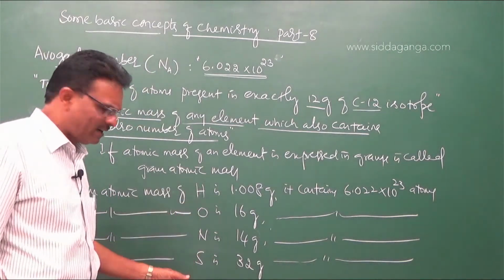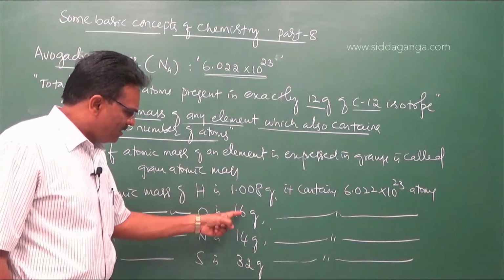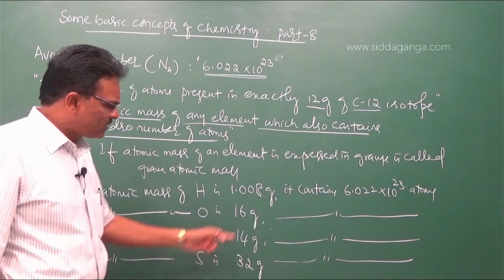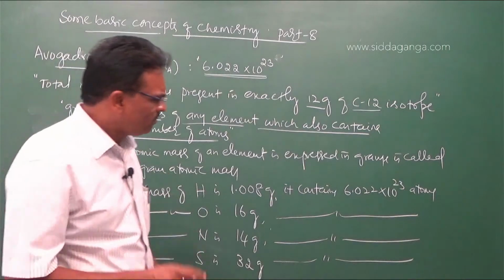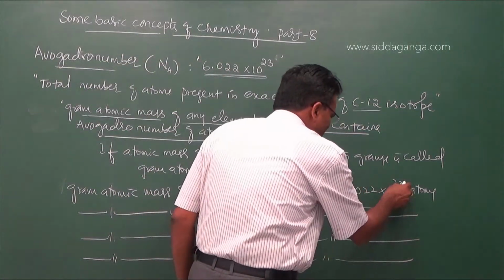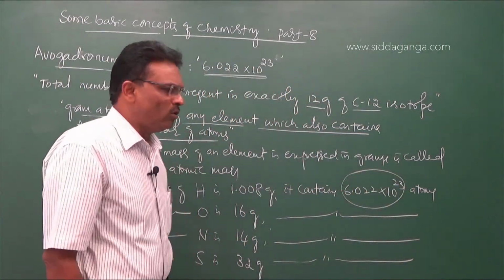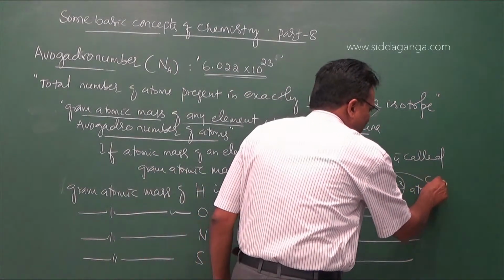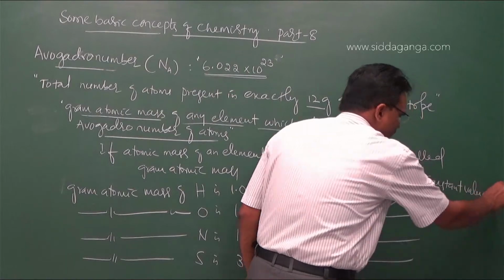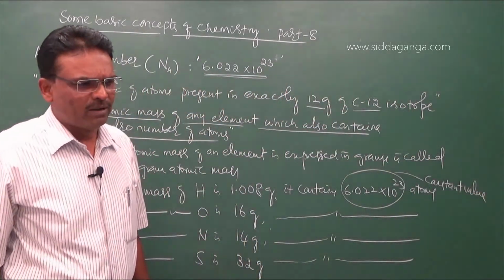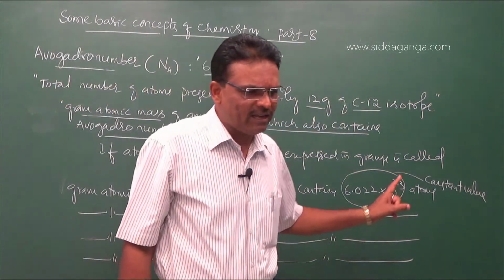If we take any element, gram atomic mass of any element contains Avogadro number of atoms. So this Avogadro number is a constant value. Clear?